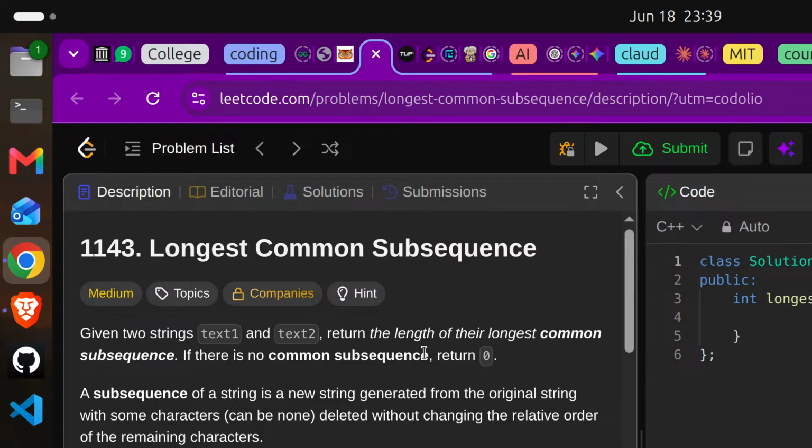Let's try this. On a character match, you return the result and escape. What if your strings S1 and S2 are like this: A, B, X, Y, Z and A, B, underscore, X, Y, Z? When you point at the line on Z, they match. Your code follows the timeline backward, Y and X, because it immediately returns, it never gets to look at the underscore and find the AB match.